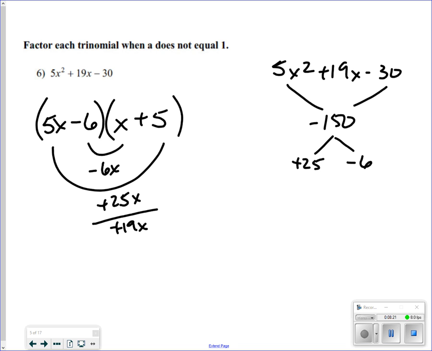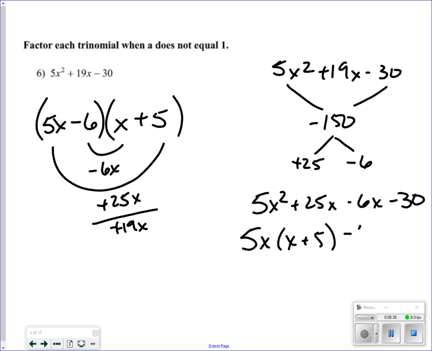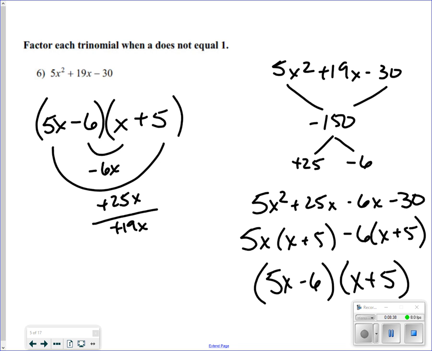Once I have those two, rewrite the question. Take the GCF of the first two, GCF of the second two, group the GCFs, and keep what's the same.